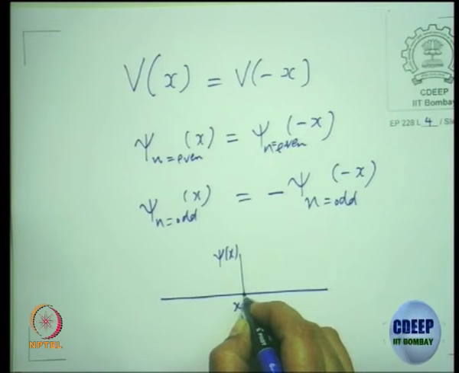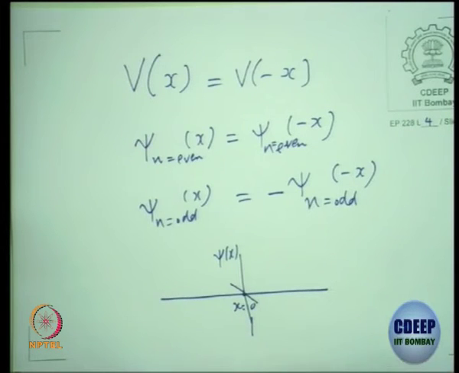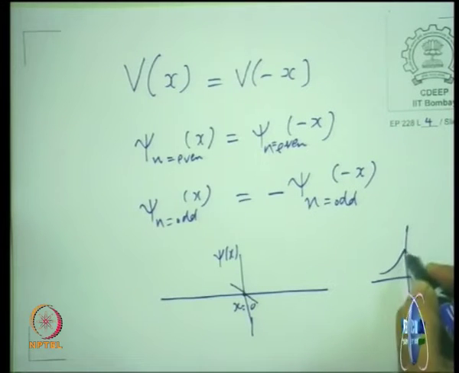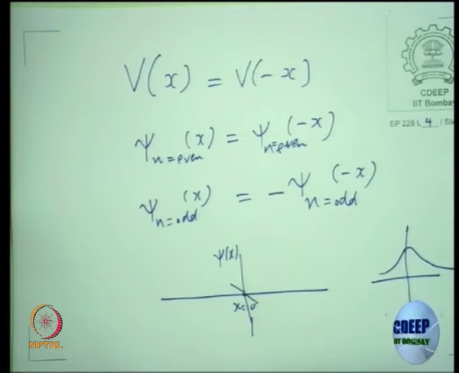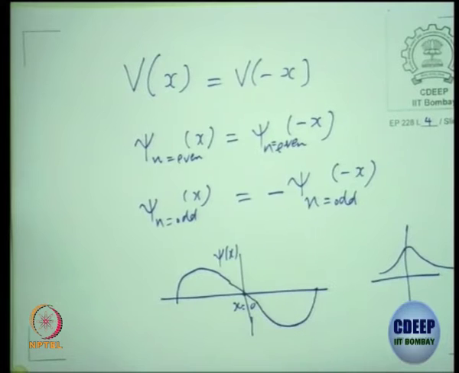You agree? An odd function has to go through 0. Has to be 0 at x equal to 0. What about an even function? An even function can be finite. Something like this. This is a well defined even function. Odd functions will be something like this.